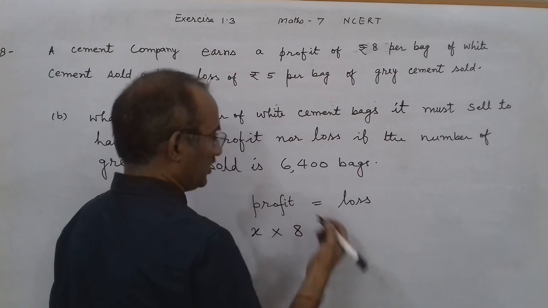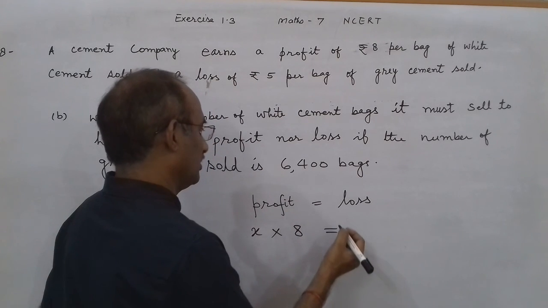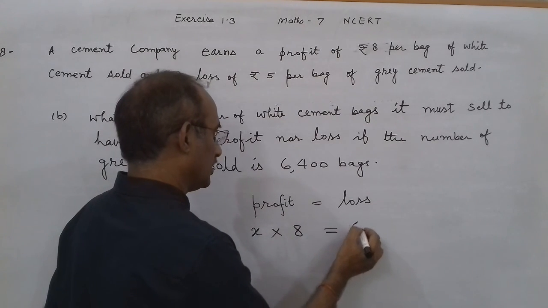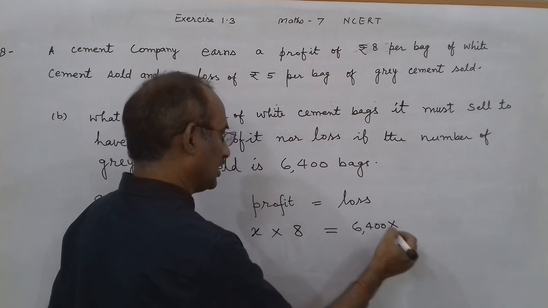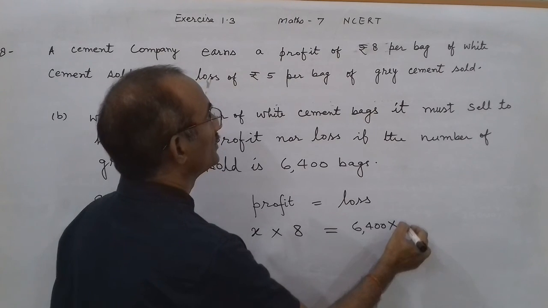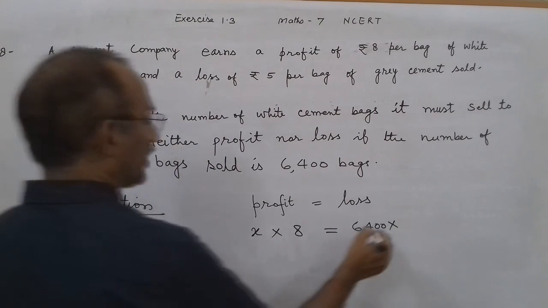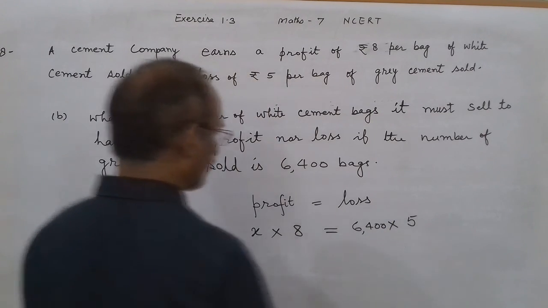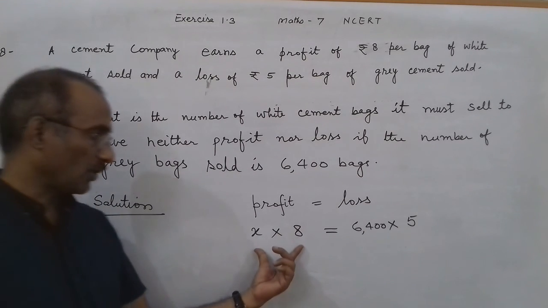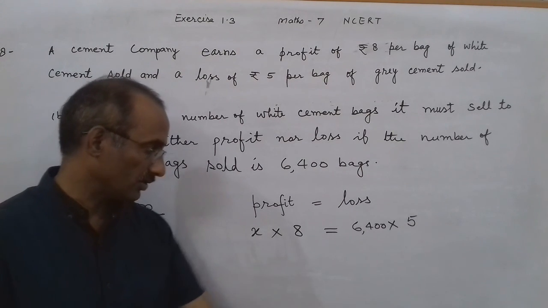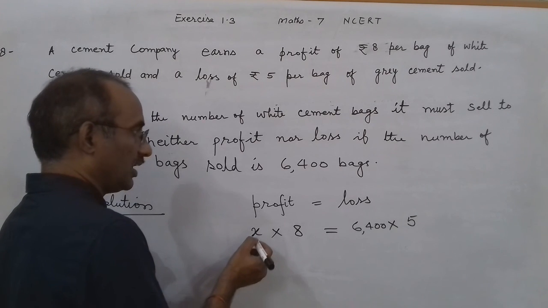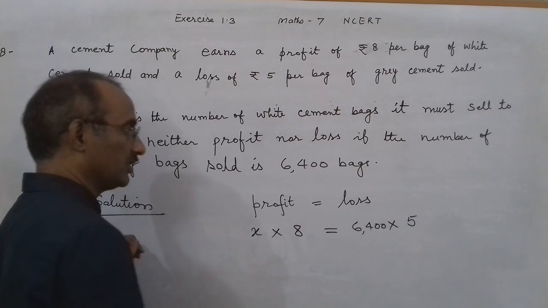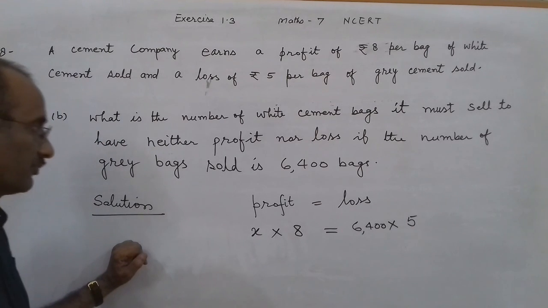And to find the loss, 6,400 is multiplied with 5. This is profit and this is loss, and here x is the number of white cement bags.